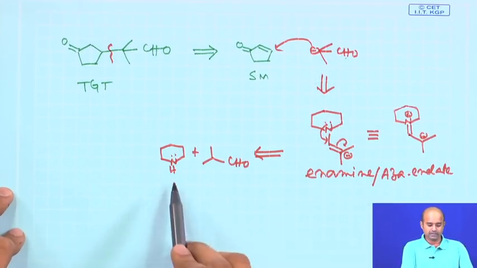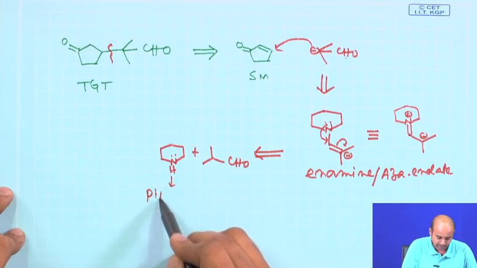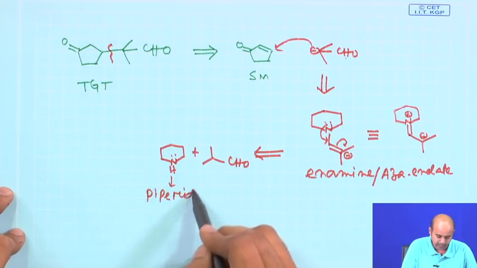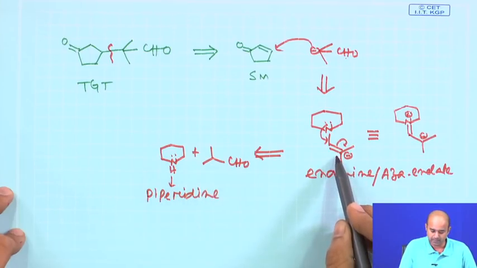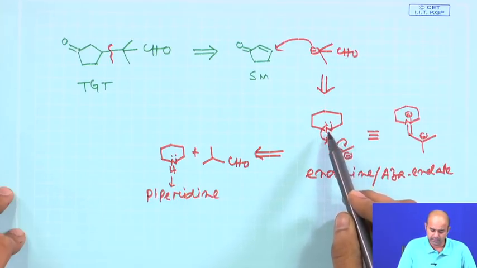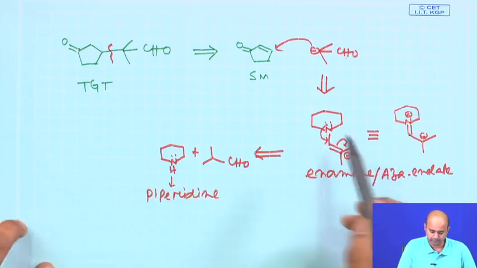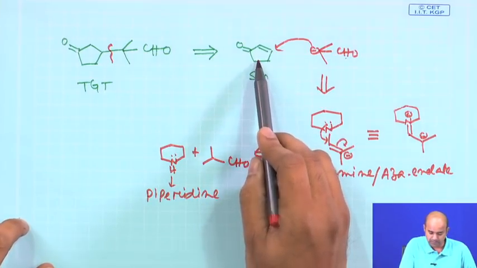So, initially you react this compound, which is named piperidine, the secondary cyclic amine, with this isobutyraldehyde. You get this enamine first. Okay. Then under this reaction condition, you need not isolate the enamine. You react this enamine with this starting material.